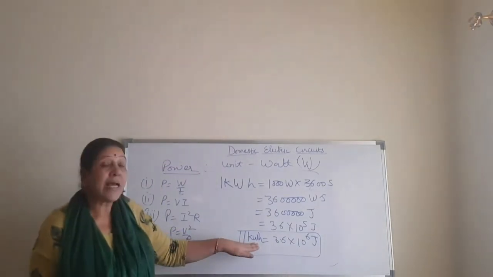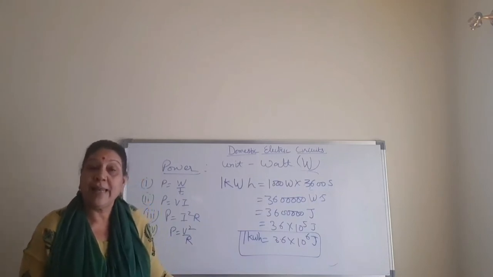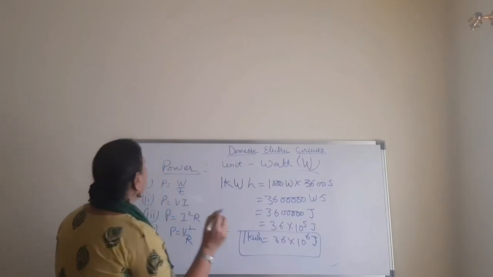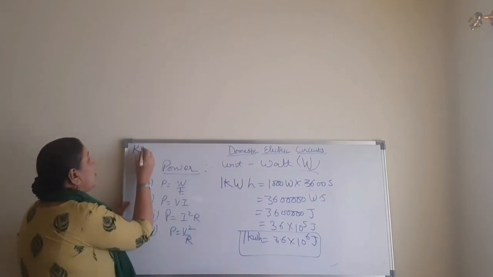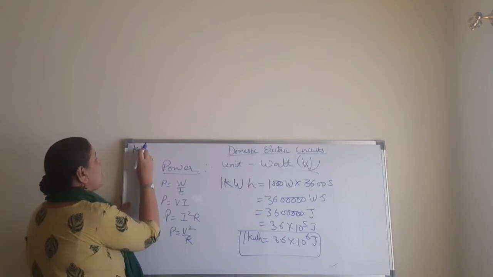Now this kilowatt hour is the commercial unit of electric energy. Kilowatt hour, I'll write it here. Kilowatt, this k is small, I'm telling you again, W is big.